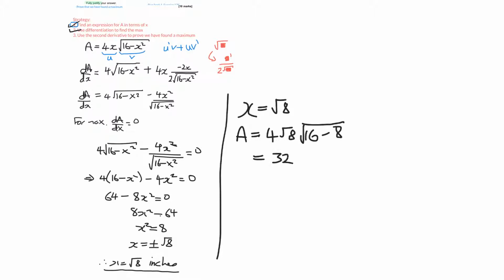You can put that in your calculator if you prefer. Let's give that some units as well. That will now be in square inches. Okay, so now we're completely done, but we mustn't forget we had a third step in our strategy, which was to justify that this is a maximum, and we're going to need the second derivative to prove that.